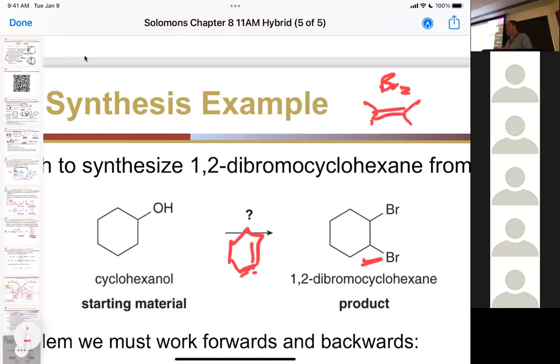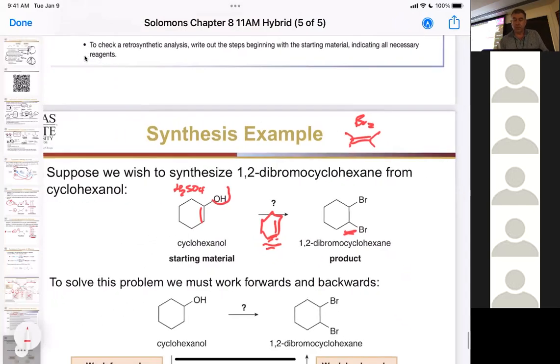So now we have an alkene as an intermediate. How can we make alkenes from an alcohol? Oh wait, we can do the dehydration of an alcohol using, let's see, acid. H2SO4 is going to dehydrate this and give us our alkene. That'll give us the thing we can react to make our dibromo compound.